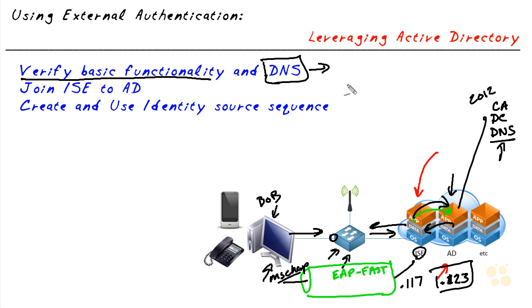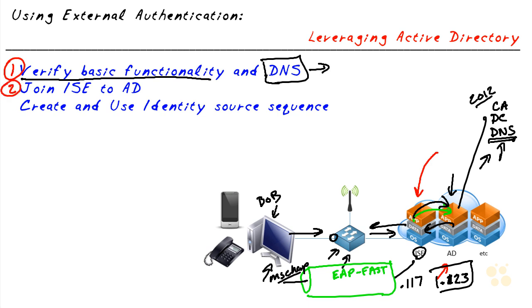And then any DNS queries that ISE makes over to this 2012 server can be resolved by the 2012 server. And check this out. If there's an entry that's not there, we can simply go into the DNS configuration for the server and add those entries. So that's our very first step. Make sure we have basic functionality, including DNS, that can resolve the Windows server.